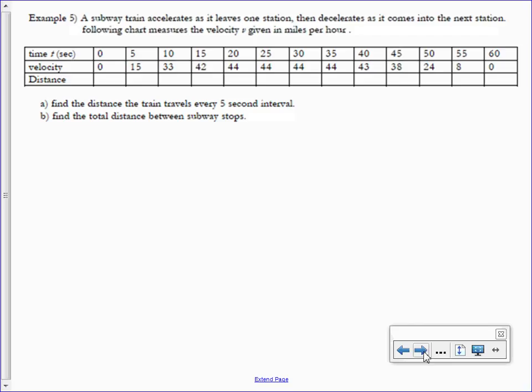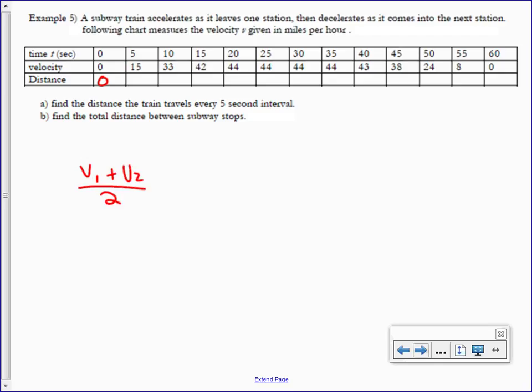That's easy. At 0, how far did it travel? Now, to find the average velocity, because it's moving every 5 seconds, you take the first velocity plus the second velocity, and then take the average of it.